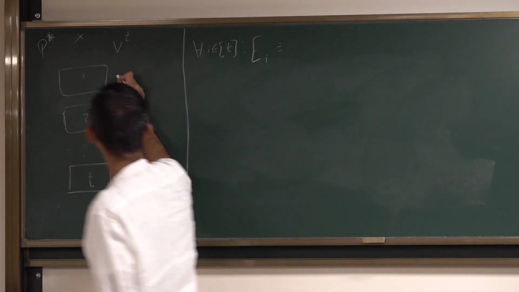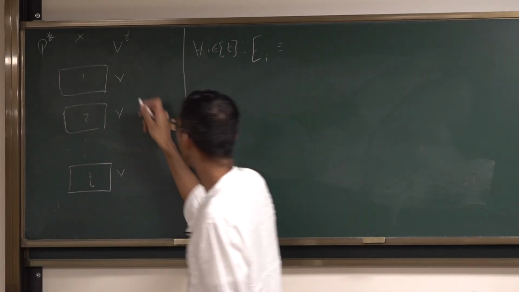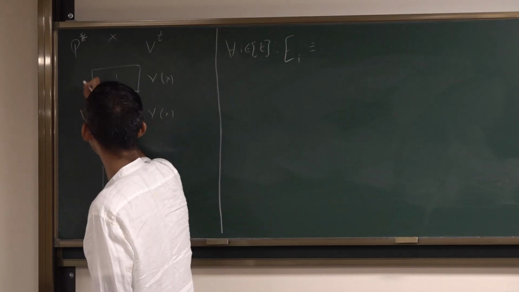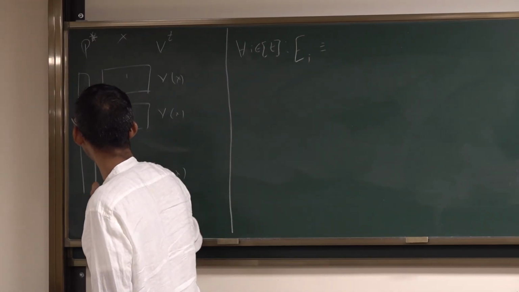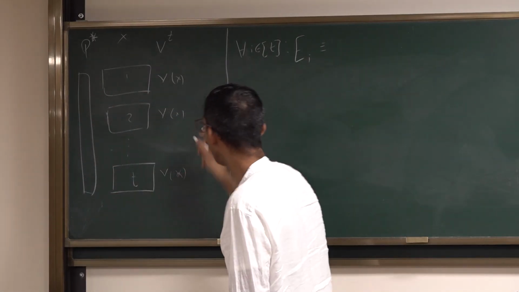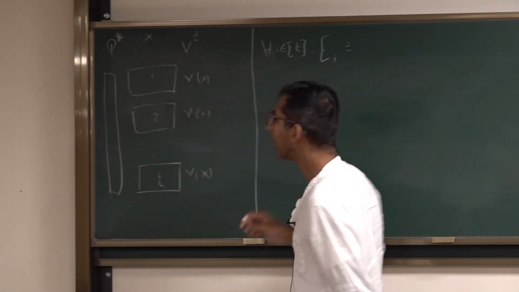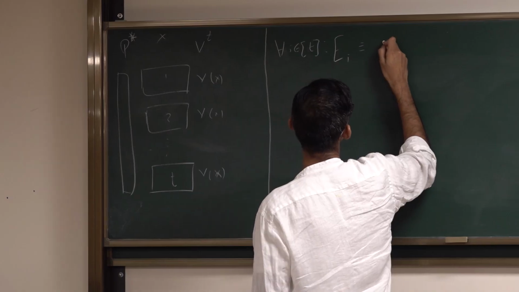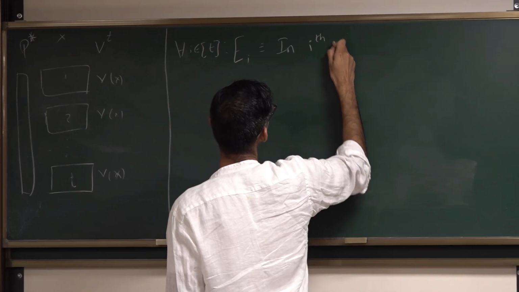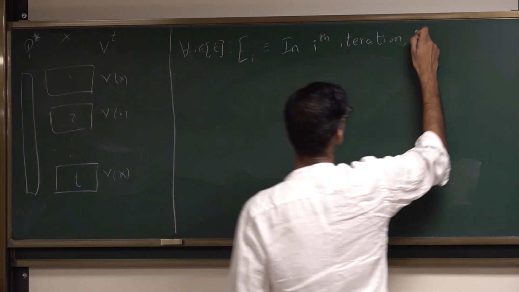In each of these cases, V_t is running some V, and this V is independent in each of them. On the prover's side, you don't know what it may be running, some correlated algorithm, but you know the verifier is independent in each of these. So E_i is the event that in the ith iteration, V accepts.